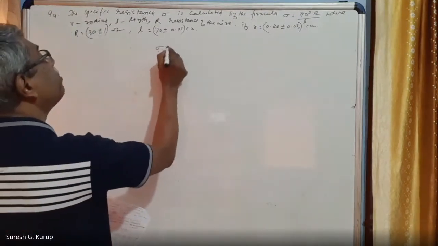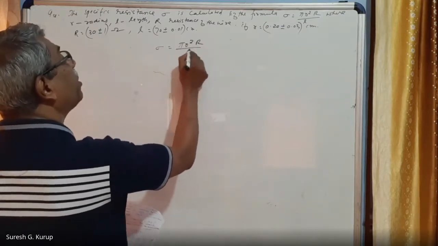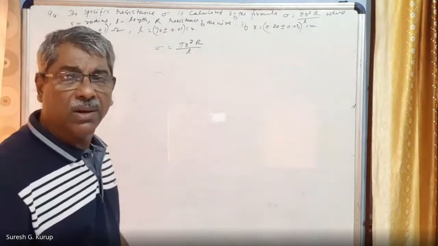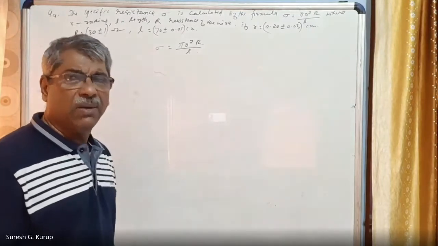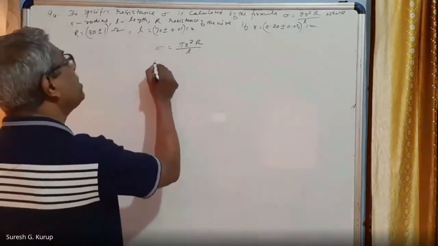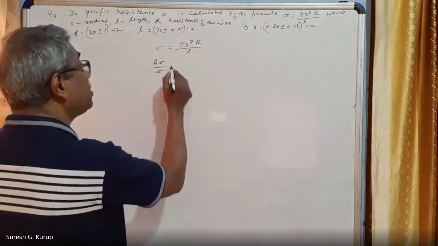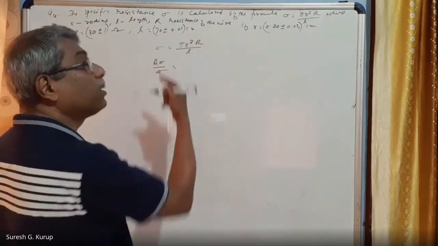Everybody knows that sigma is equal to what? Pi r square into capital R divided by L. We have to calculate relative error. From relative error, we can calculate absolute error also, no problem. Right? Okay. This is delta sigma divided by sigma, you will write. That is equal to pi is a constant.